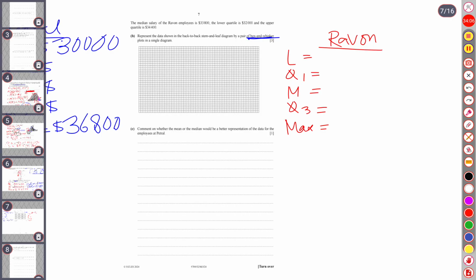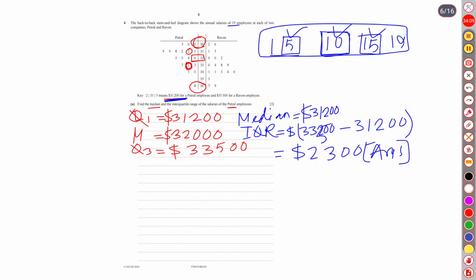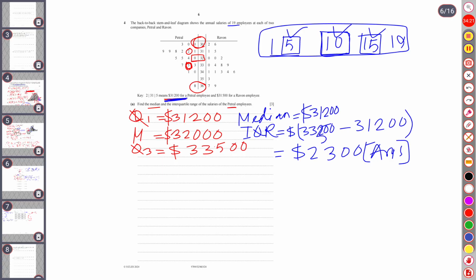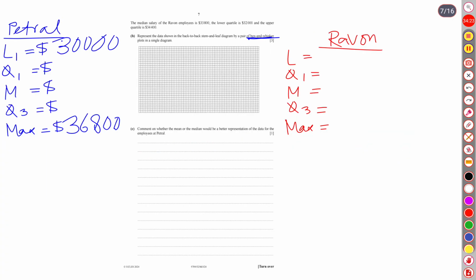How much was the lower quartile? Lower quartile was 312, and median was 320, and 2 zeros added, and the upper quartile.